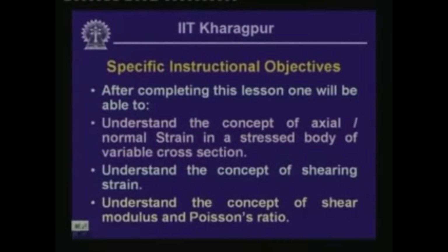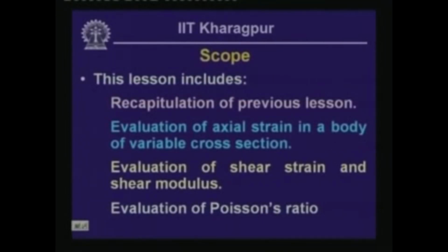To understand the concept of shearing strain, one should also understand the concept of shear modulus and Poisson's ratio. Hence the scope of this lesson includes the recapitulation of the previous lesson, which we will look into through question answers.